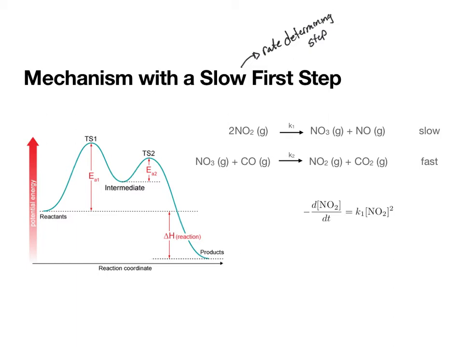And then NO3 combines with carbon monoxide to form NO2 plus CO2. So when we have this case, we can determine the rate law directly from the slow step. So the slow step determines the rate law.